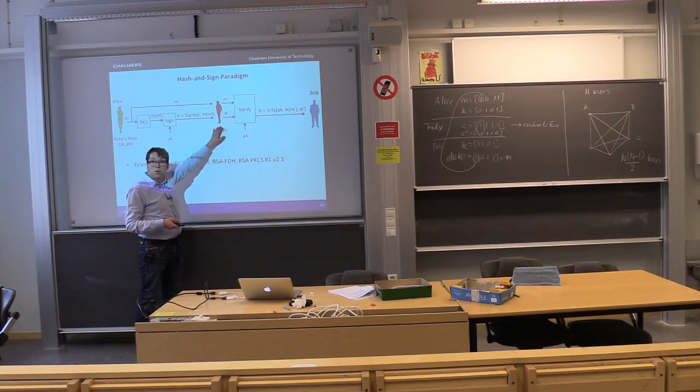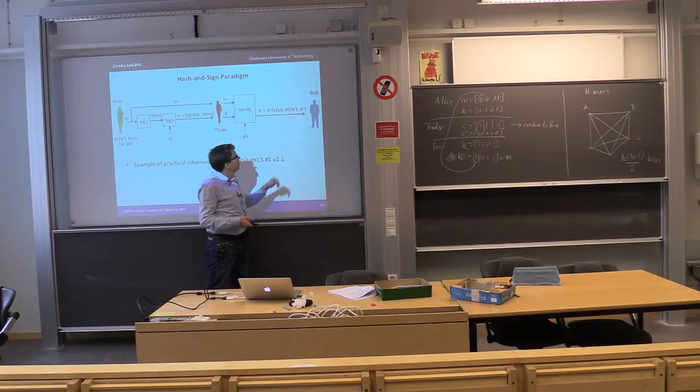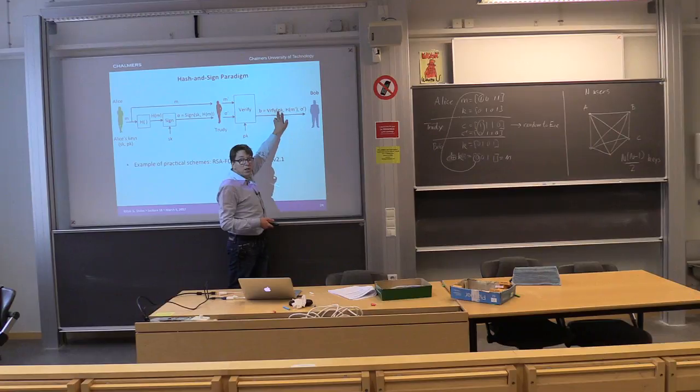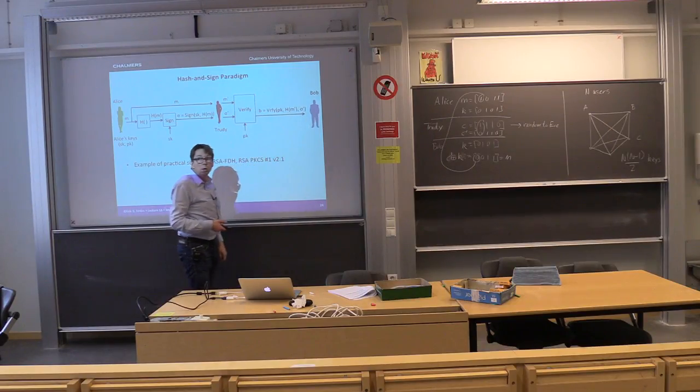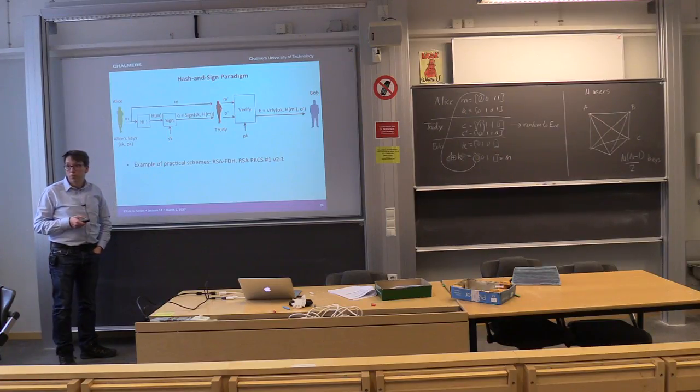Trudy is messing this up, but Bob will only accept M prime here if the verification goes through. What we are verifying now is, using the public key of Alice, the hash of M prime, which is computed locally at Bob, and the sigma prime, which is the signature that was delivered to Bob.